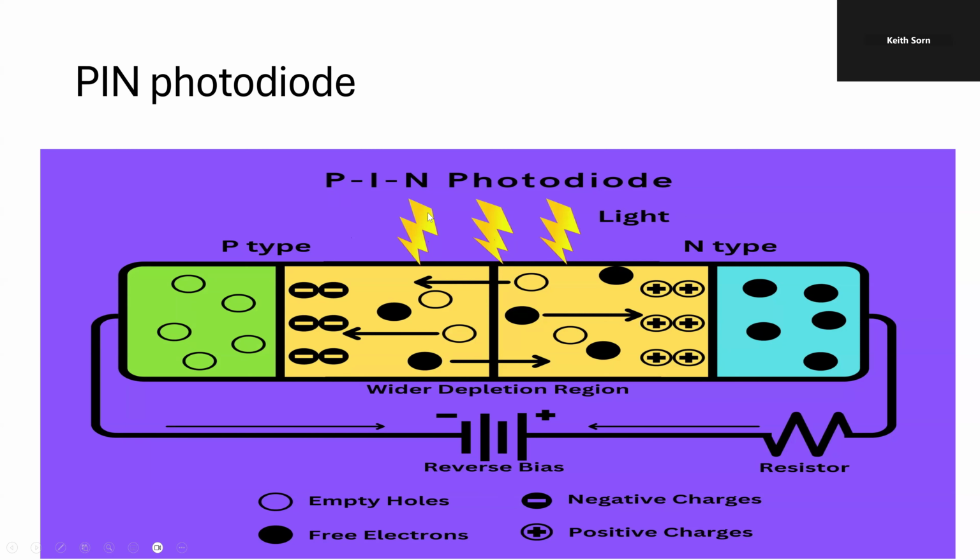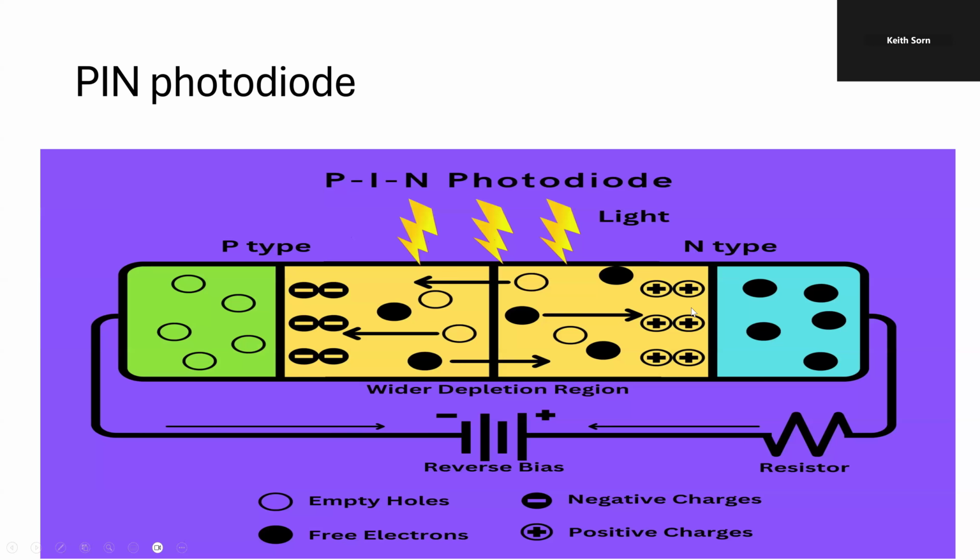And when light hits the intrinsic zone and creates a hole-electron pair, the holes will migrate towards this built up negative charge and the electrons will go towards this built up positive charge.